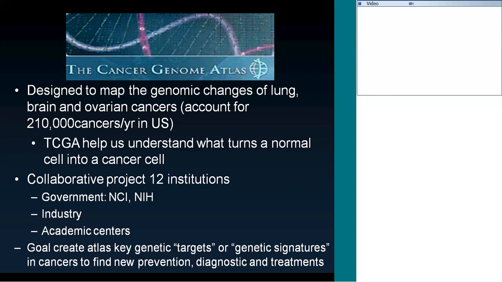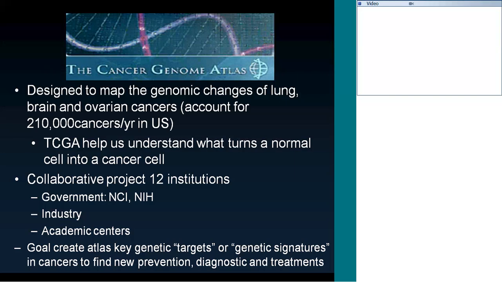The pilot project began in about 2006, and it is designed to focus on lung and brain and ovarian cancer, which collectively account for about 210,000 cancers per year in the United States. The whole goal is to create literally an atlas to help us understand what actually goes wrong in the cancer cell. What is it that actually turns a normal cell into a cancer cell?